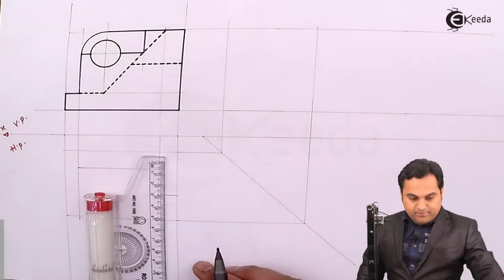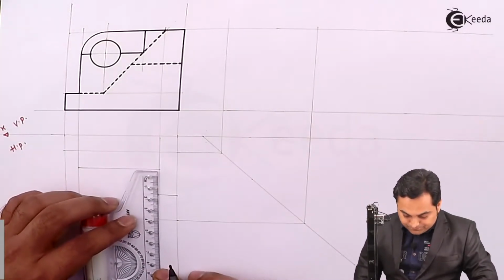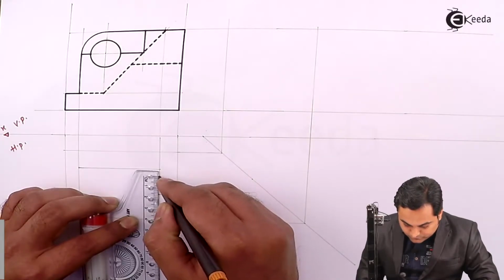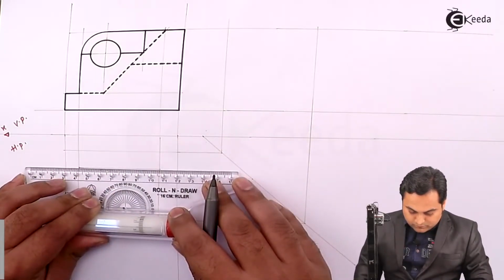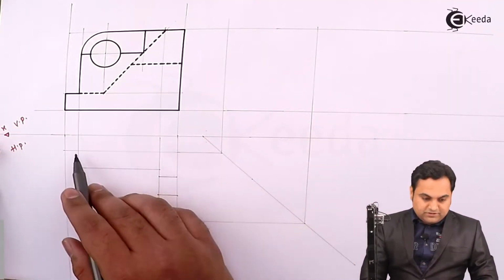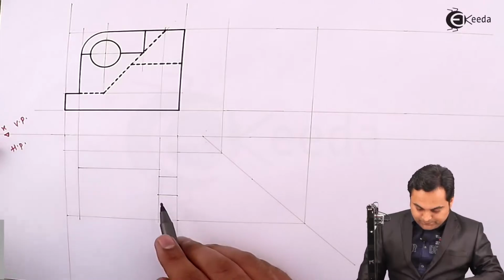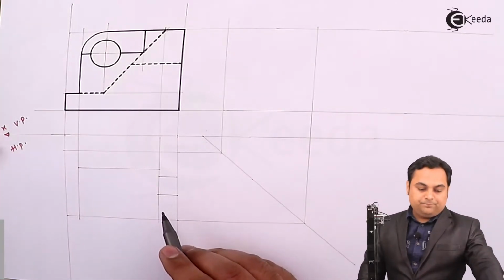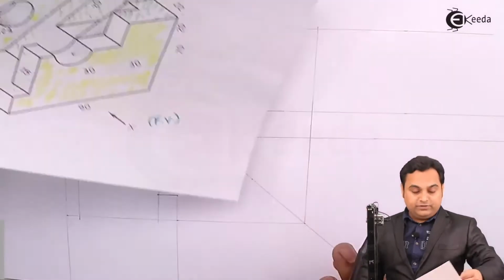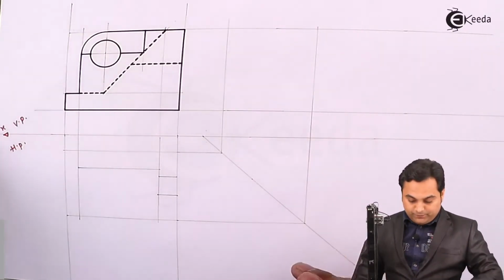So after 22 mm I'll measure 16 mm. So here I'll be getting this portion, and another portion is here. Its length is 30 mm as we can see here, so getting that 30 mm from the front view.